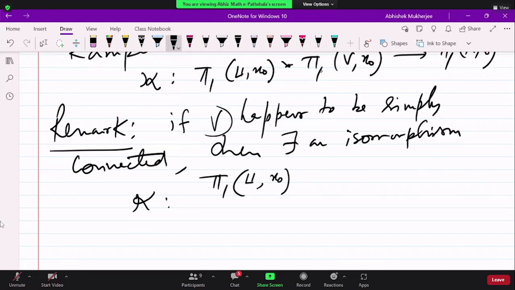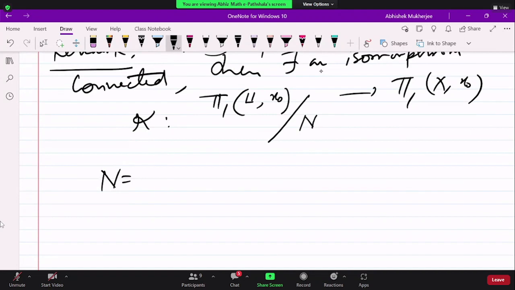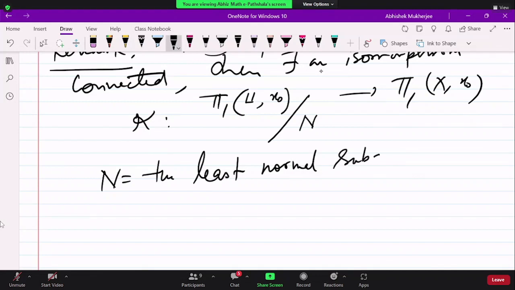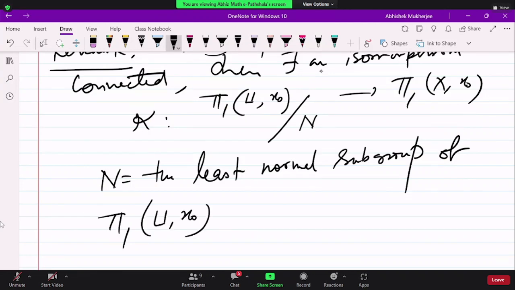Here N will be the least normal subgroup of the fundamental group of U containing the image.